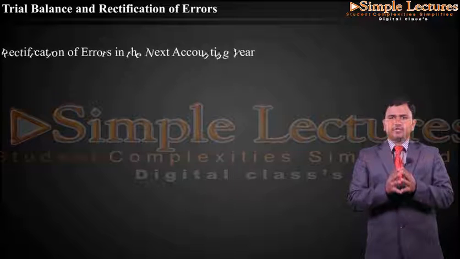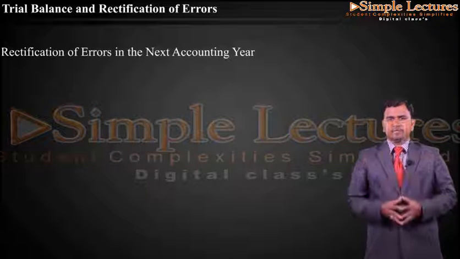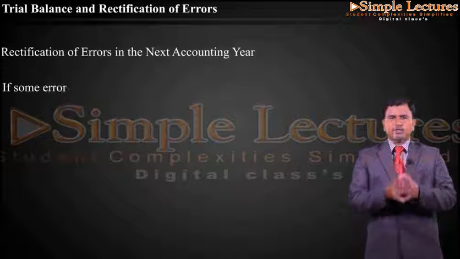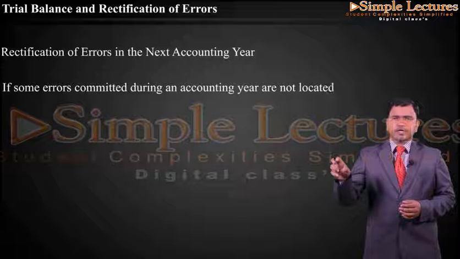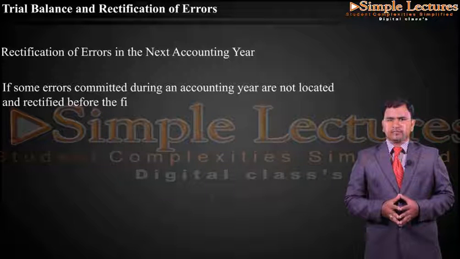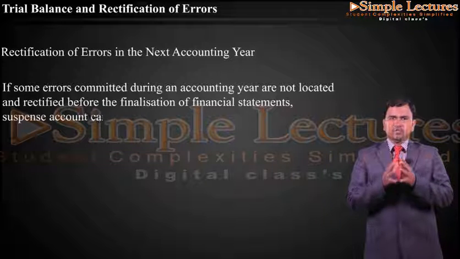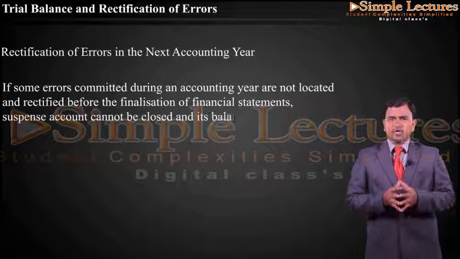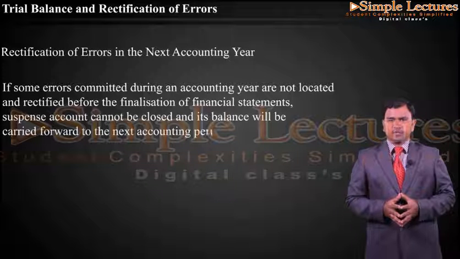Then, rectification of errors in the next accounting year. Coming to this concept, if some errors committed during the accounting year are not located and rectified before the finalization of financial statements, the suspense account cannot be closed and its balance will be carried forward to the next accounting period.